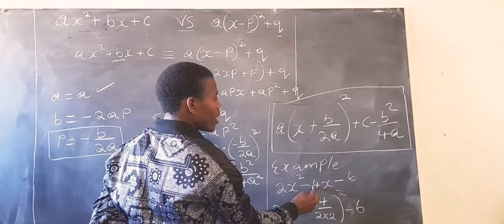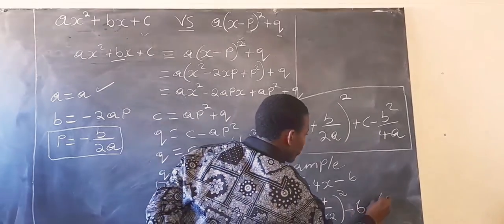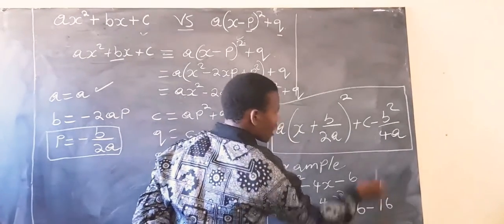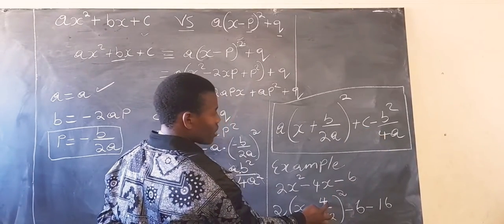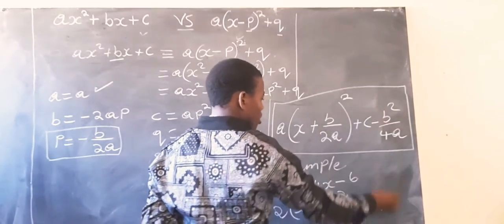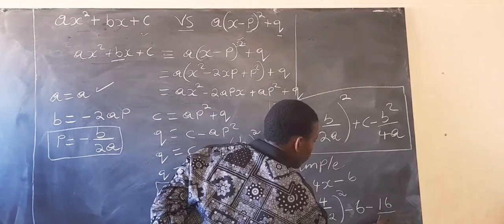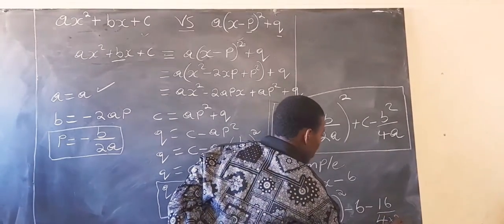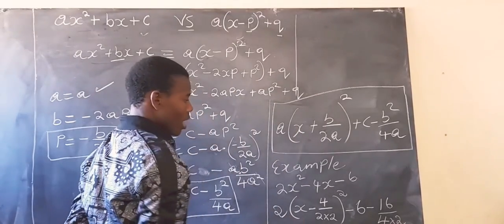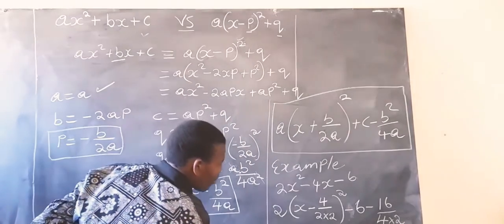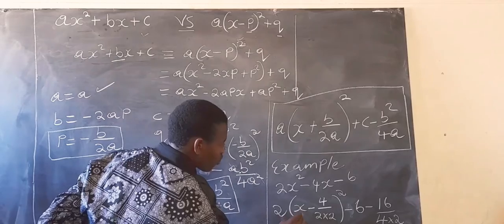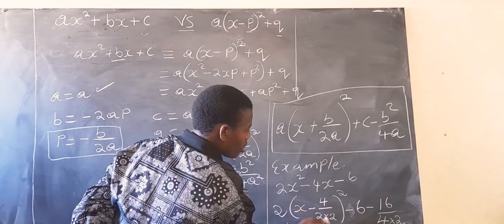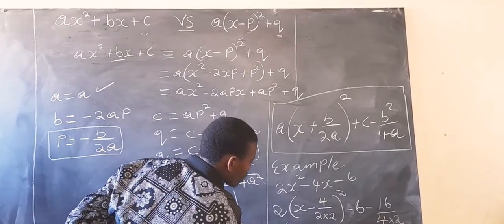Negative 4 squared gives you 16. This negative is for the formula. Then negative 4 squared is just 16, divided by 4 times a, which means your a is 2. So at the end of the day, you end up having 2 in brackets, x, and negative 4 divided by 4 is just going to be 1.